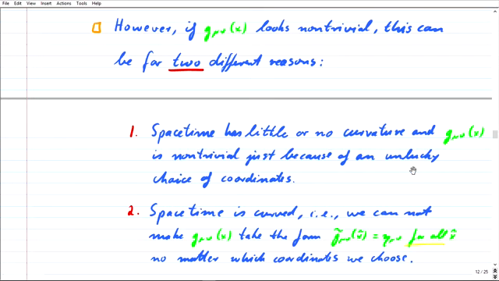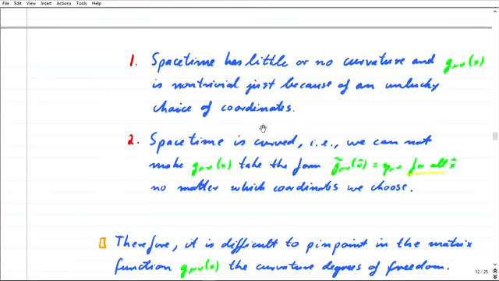G mu nu of x can look complicated because even though space-time may be flat, no curvature whatsoever, or just very little, it could be that the coordinate system is chosen in such an intricate, elaborate way that G mu nu of x looks very complicated. Or alternatively, it could also be that space-time really is very much curved, and therefore there is no other way. G mu nu of x has to be very complicated, just because space-time itself has a very complicated structure.